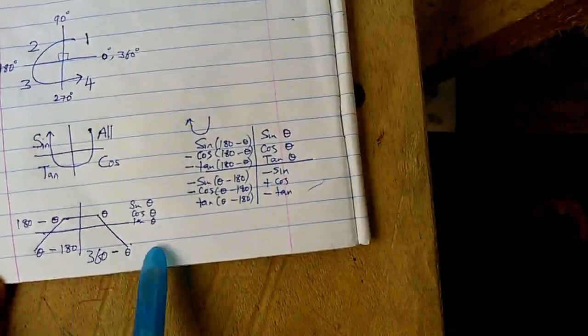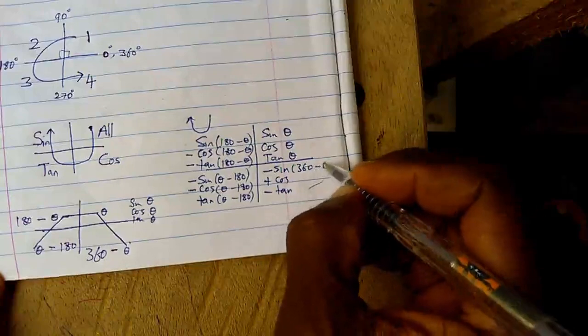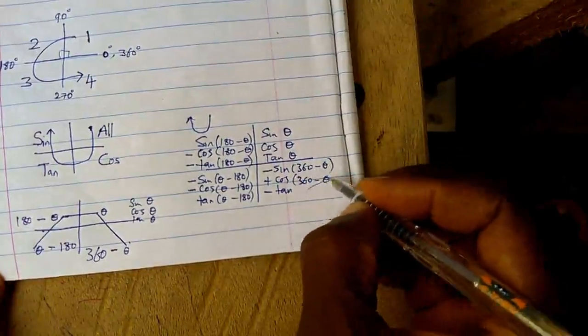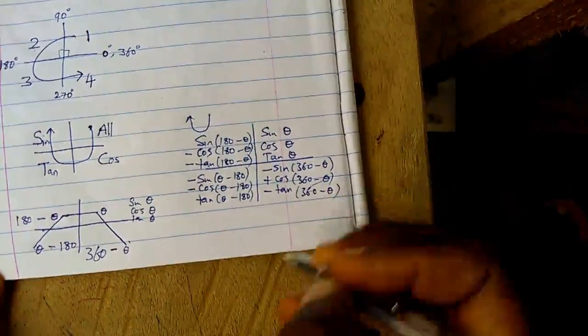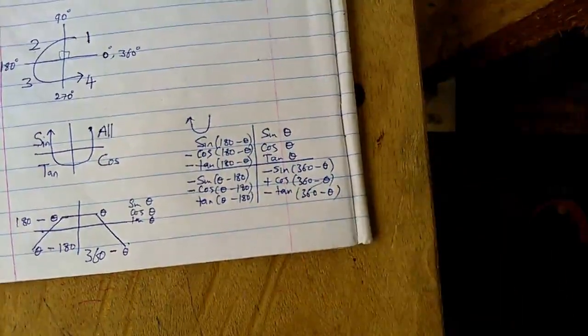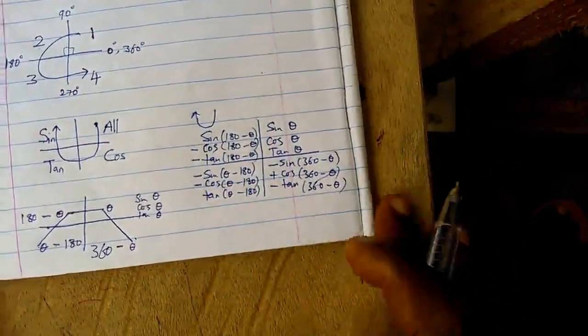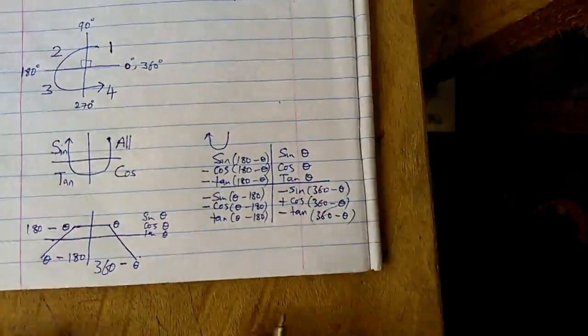It's 360 minus the angle given. 360 minus theta. So, instead of cramming all this, you just need the code to express this. Then you can solve any problem.